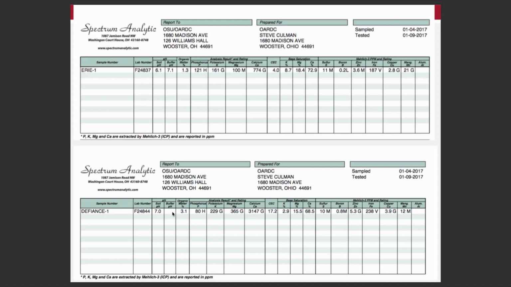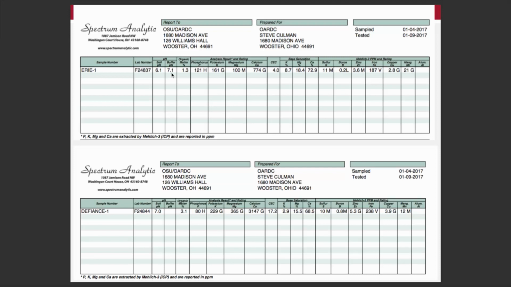But having a buffer pH of 7.5, for example, is not particularly helpful, because what I haven't told you yet is that we really use this buffer pH value to generate a lime recommendation. The soil pH, again, is our active acidity, the pH of that soil in solution at that point in time. And then the buffer pH really just feeds into this lime recommendation.